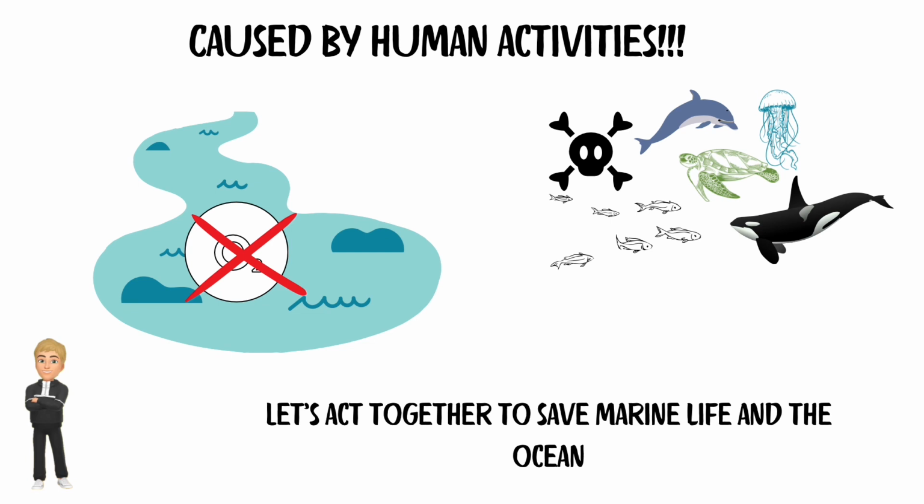These zones are mainly caused by excessive runoff of nutrients, particularly nitrogen and phosphorus, from agricultural and urban sources. This influx of nutrients encourages the rapid growth of algae, which, as it dies and decomposes, depletes the oxygen level in the water.